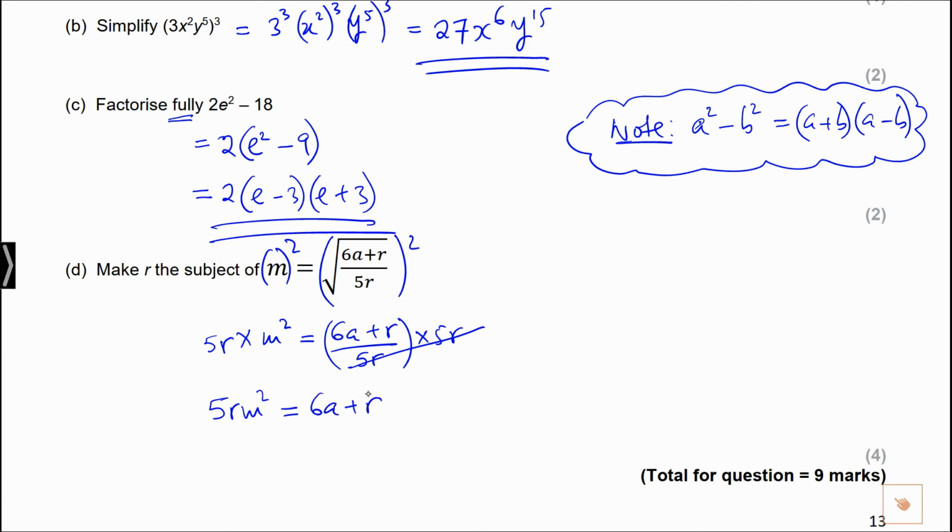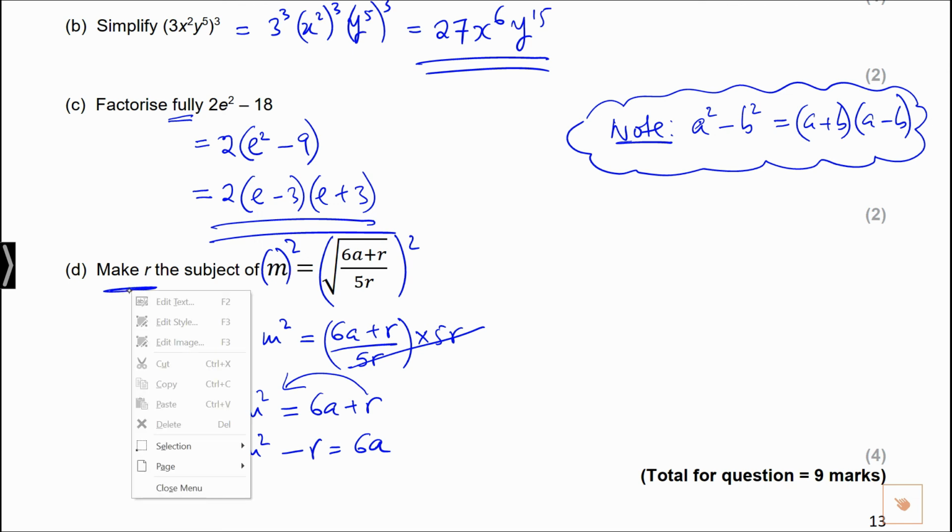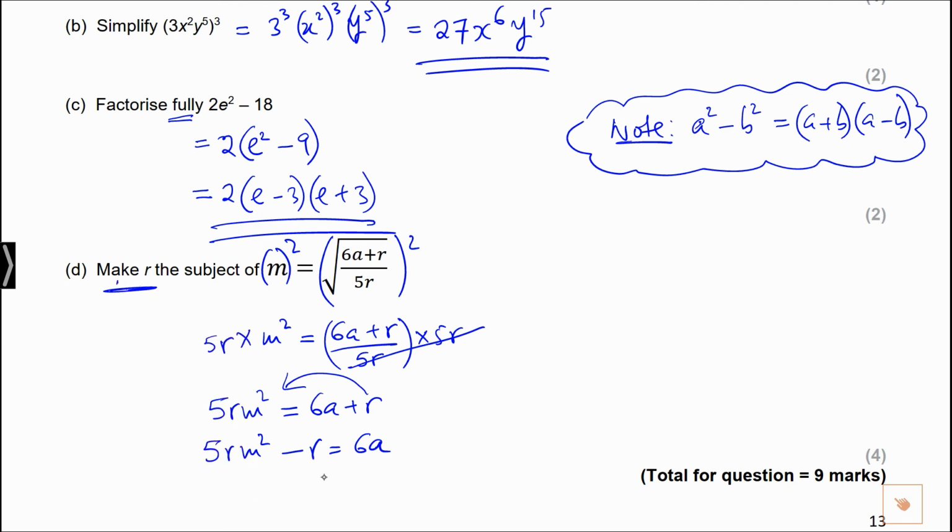Okay, and then bring this to the left, so that the r's are on one side, since you want to make r the subject. So you end up with 5r m squared minus r will be equal to 6a. And then, because we want to make r the subject again, you need to factorize r.